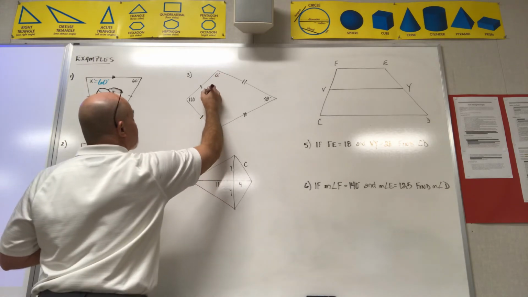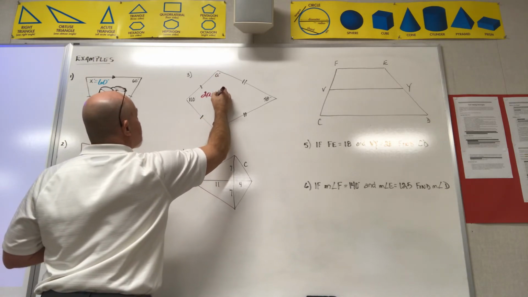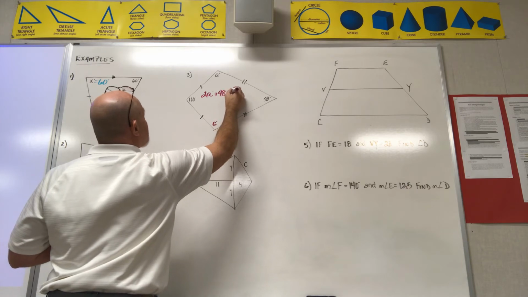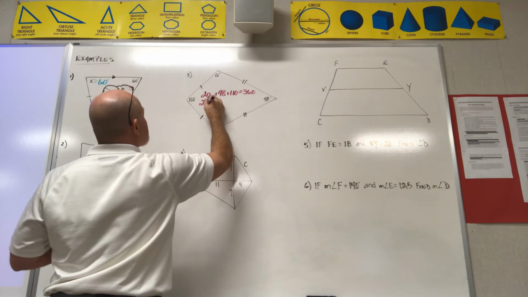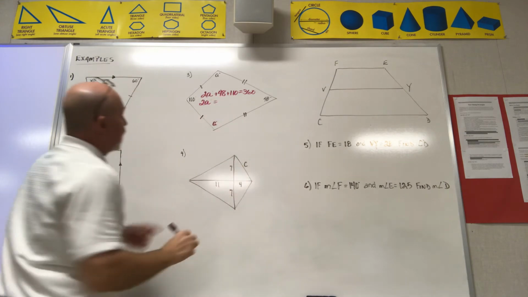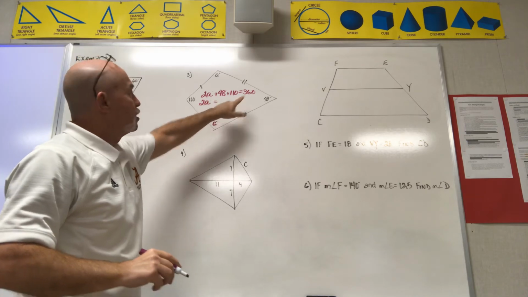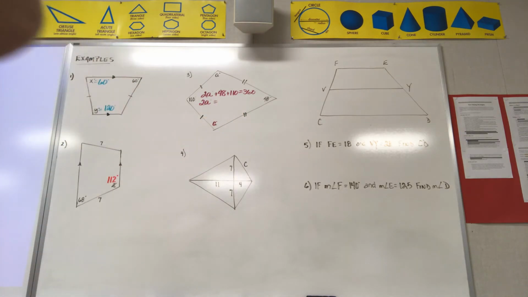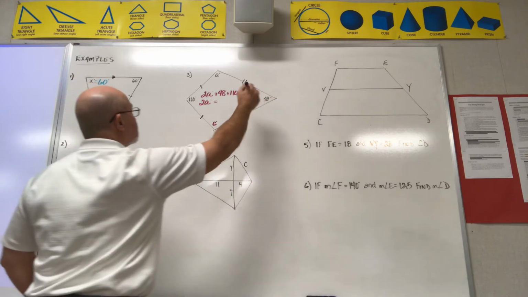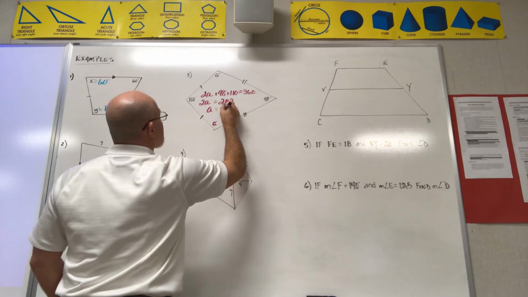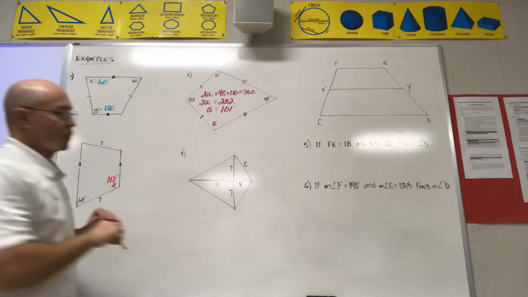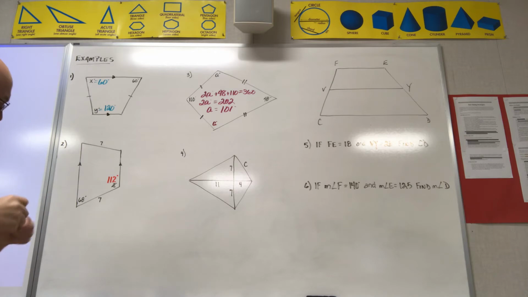So A plus A. Okay, so I've got 158 subtracted from 360. Okay, so A is 101.